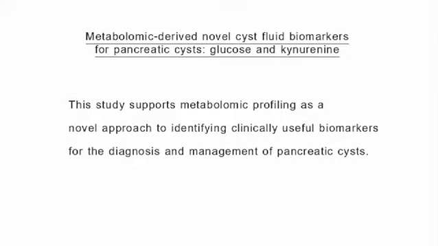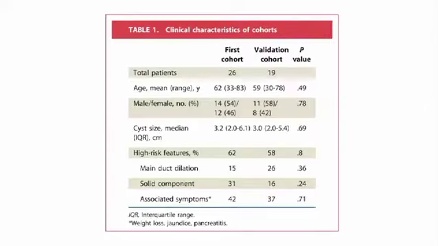Is there any thought as to why glucose and kynurenine would be differentially expressed in, I'm assuming, mucinous type versus serous type cysts? To step back, when I talked about clinically relevant cyst categories, the first category we compared included benign cysts with no malignant potential, which included pseudocysts and serous cystic adenomas, versus cysts with cancer potential, which included the mucinous cystic neoplasm, the intraductal papillary mucinous neoplasm, also called IPMNs, and cysts with proven cancer.